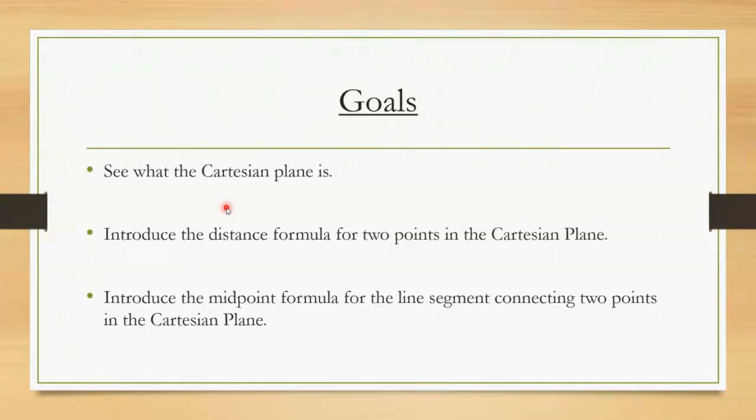And I'm guessing you've seen that before. If you haven't, that's okay, although I can't imagine you haven't, only because it's used so frequently in many of the sciences, and not every math class, but in many of them, you have to graph something in two variables, x and y. What you're graphing in is the Cartesian plane.